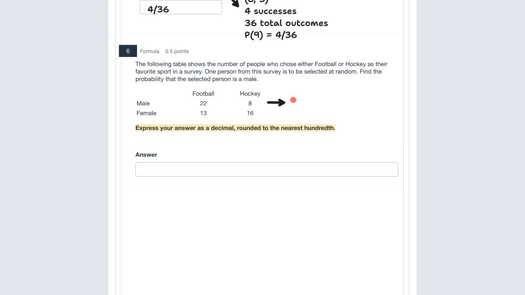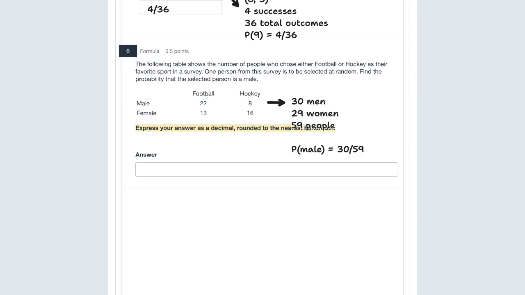And likewise, in the lower half, we see 29 women. So this means there are 59 people, because if we add those up. And if we want the probability of a male, then the probability of a male is 30 out of 59.